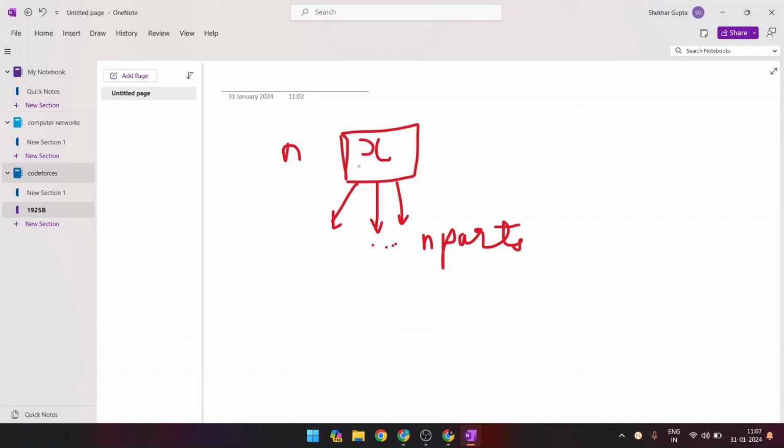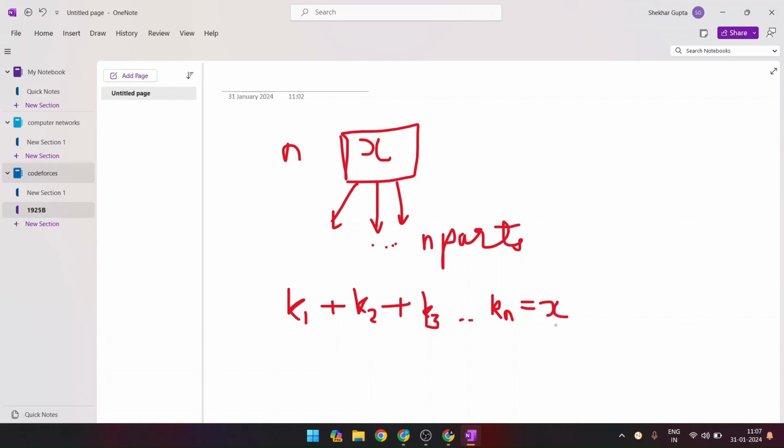Means let's say we divided this x into k1 plus k2 plus k3 up to kn. This sum should be x.